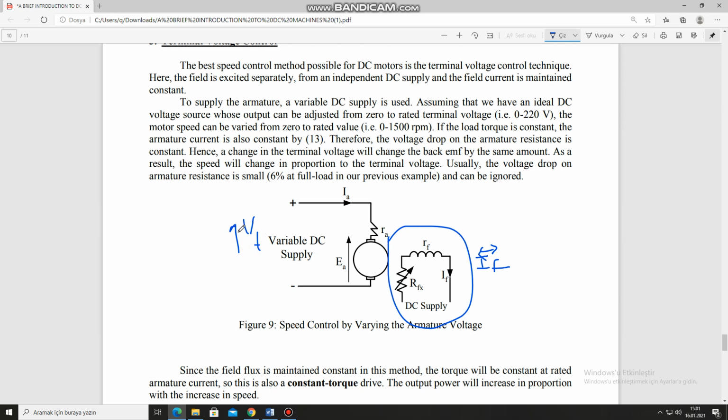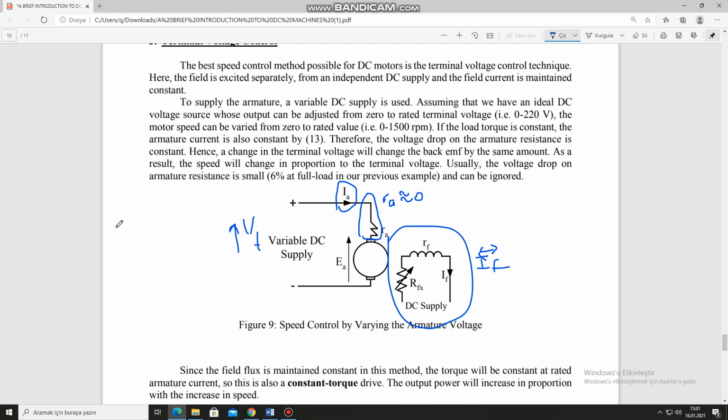We increase or decrease this, and we try to observe what happens. Actually, it would be better if I_A and torque were kept constant, but they were not at their rated value, so they were not constant. But the key point here is that R_A is a very small value, so we can disregard the drop on this resistance. Also, I_A was a low value, so the drop on this is very small.